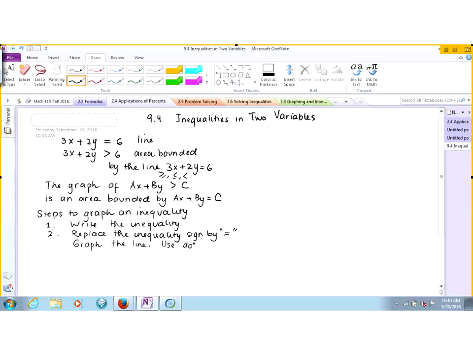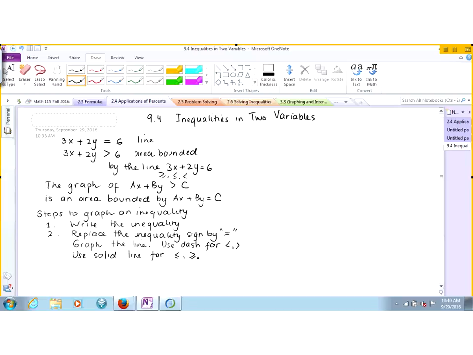Use dotted line or dash line, maybe just dash, right? So use dash for less than or greater than. And then use solid line for less than or equal to or greater than or equal to.